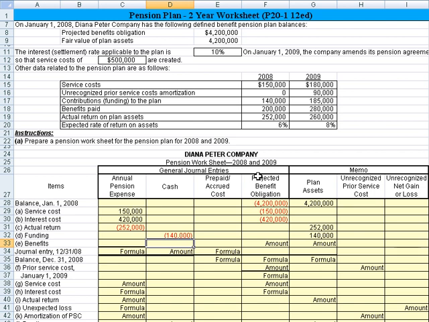The next thing we need to look at is benefits. Benefits paid are $200,000 for 2008. Let me follow this right. This is the benefits paid, not the benefits accrued, but the benefits actually paid.